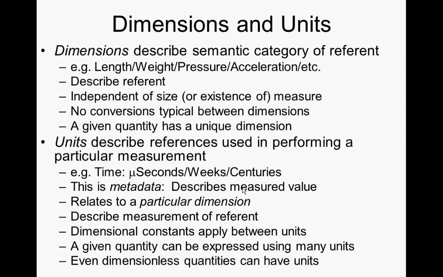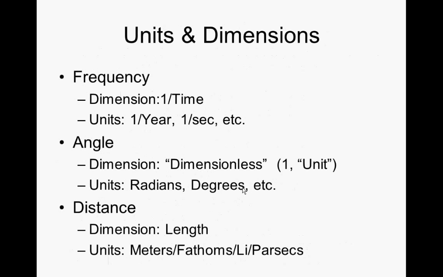Okay. And a given quantity in our model has one dimension, folks. It could be expressed in many units. We could describe the length of this road segment in many units, for example. And we're going to come to these special sort of quantities that are really important, because they're the natural quantities of how the world works, called dimensionless quantities. And these have units associated with them as well.